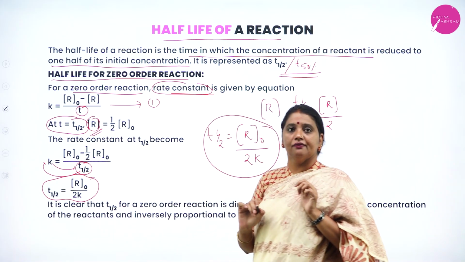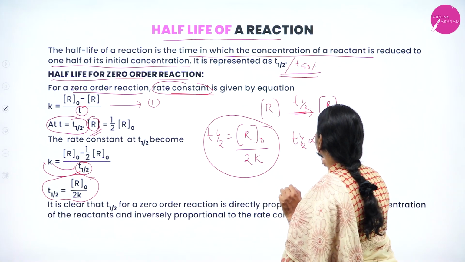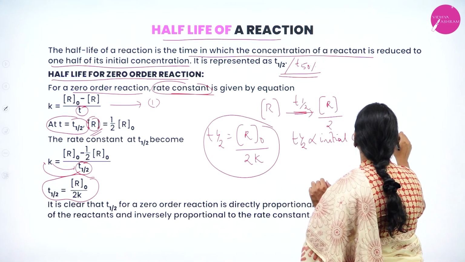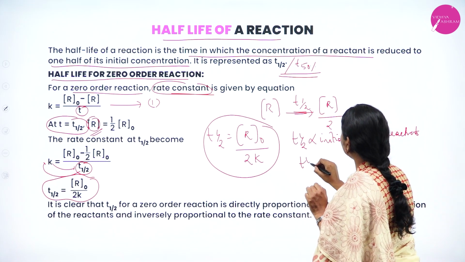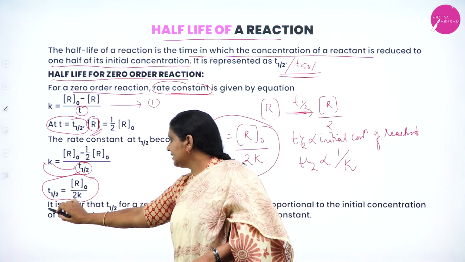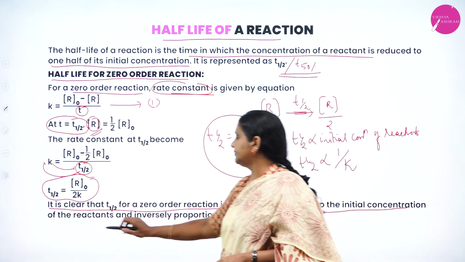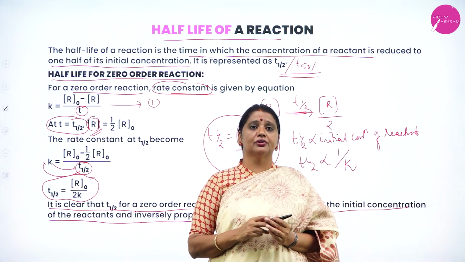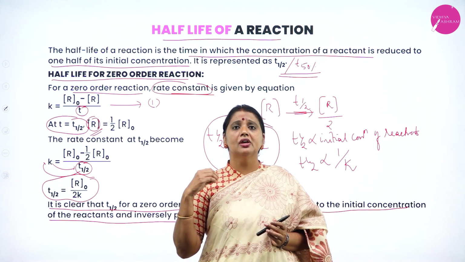2K for which order reaction? Zero order reaction. From the above expression, it is observed that the half-life period of a zero order reaction is directly proportional to the initial concentration of the reactant and inversely proportional to the velocity constant.